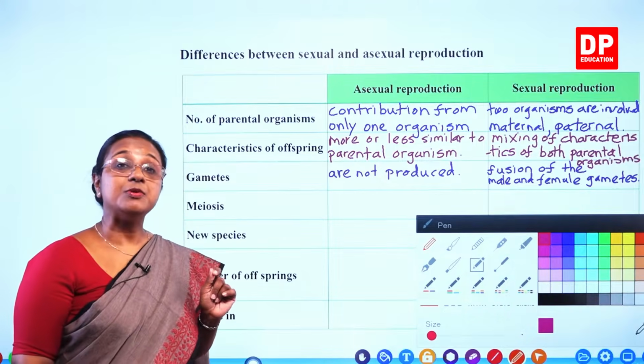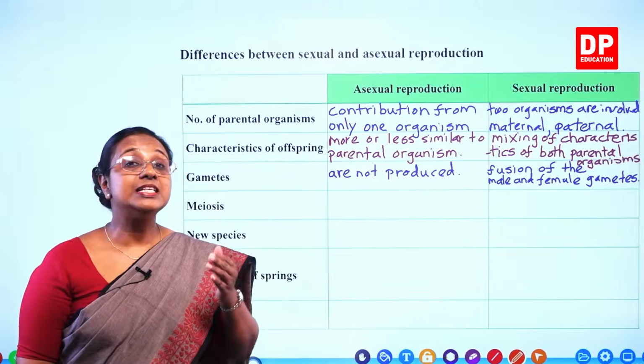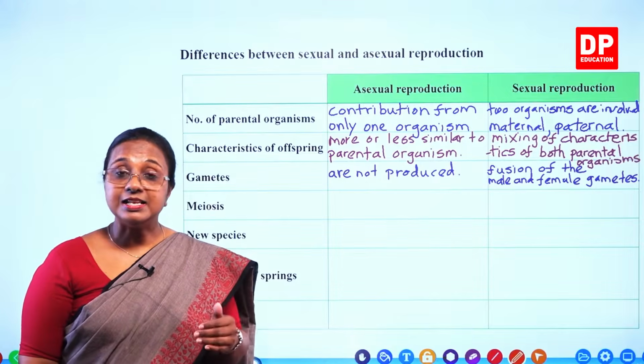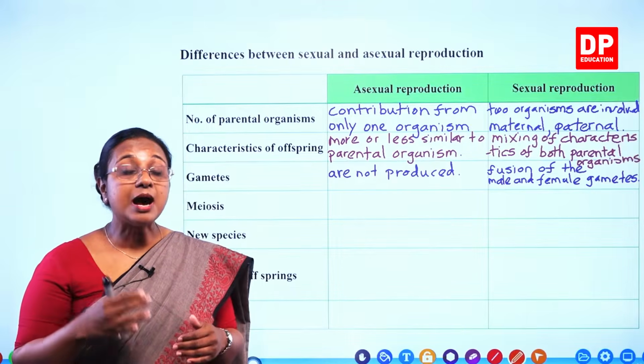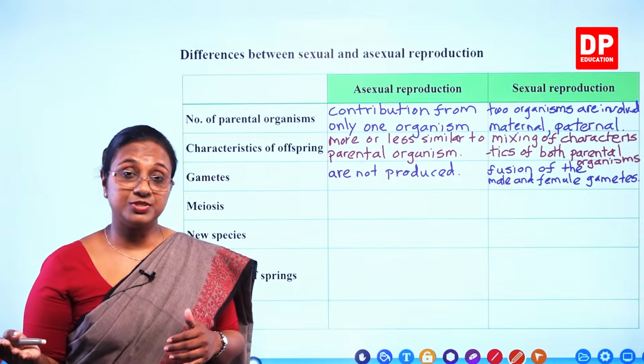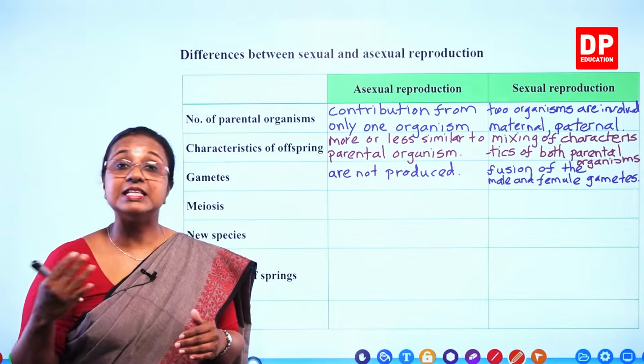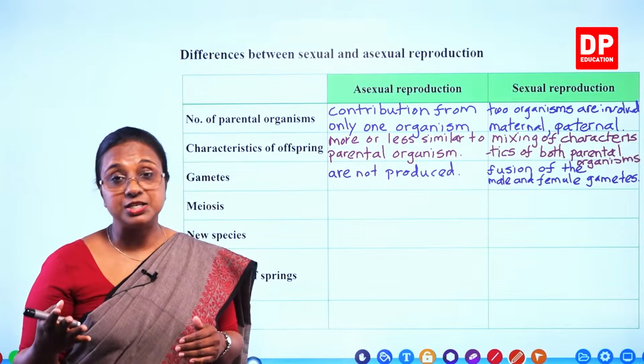Then if we take meiosis, what is meiosis? You are familiar with this process? Cell division in which the number of chromosomes is halved is known as meiosis. So, what is the cell division in which the number of chromosomes remains the same? It is mitosis.